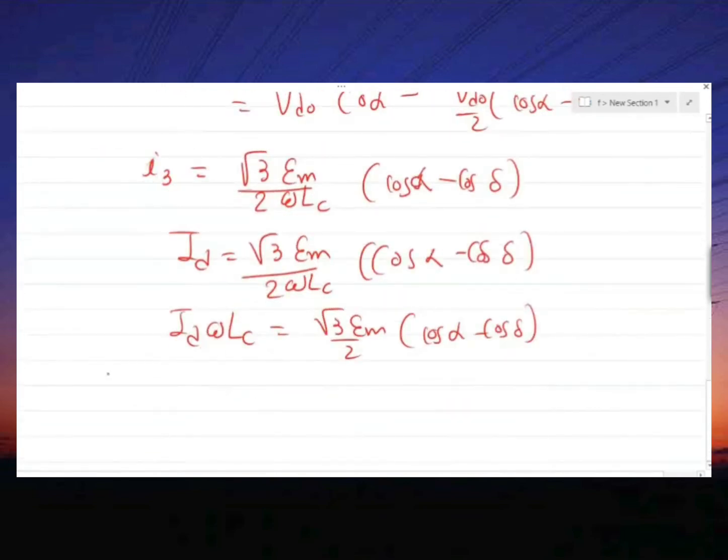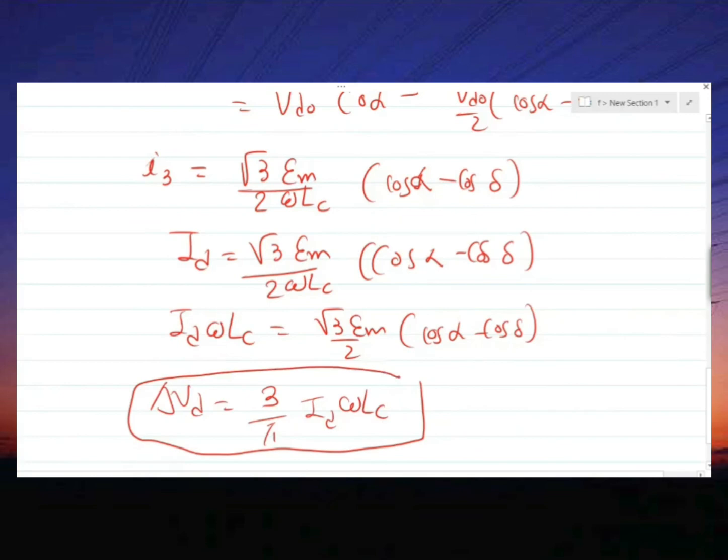So now your change in DC voltage becomes 3 upon pi Id into omega Lc. Also we call Xc is equal to omega Lc, right?